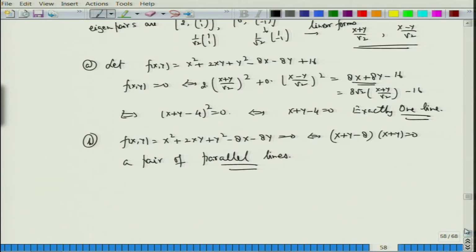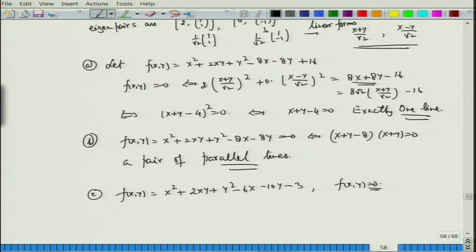And the next idea was that in this I got what is called a parabola. So let me take another example, C, for which I get a parabola. So f(x, y), I define it to be equal to x square plus 2xy plus y square minus 6x minus 10y minus 3. I take this, all right. And I am looking at f(x, y) equal to 0.